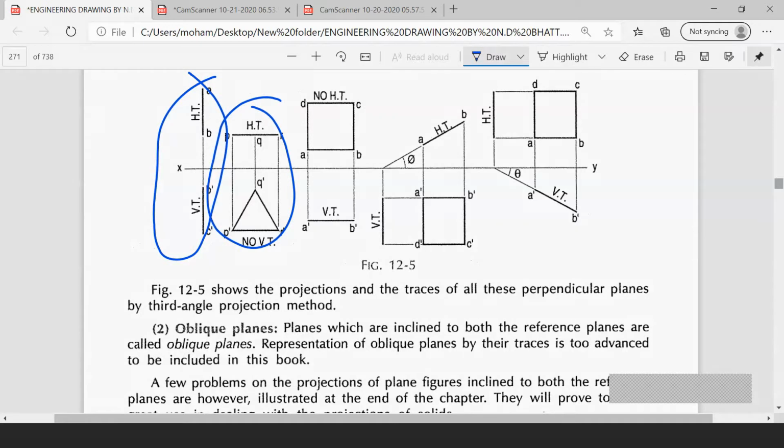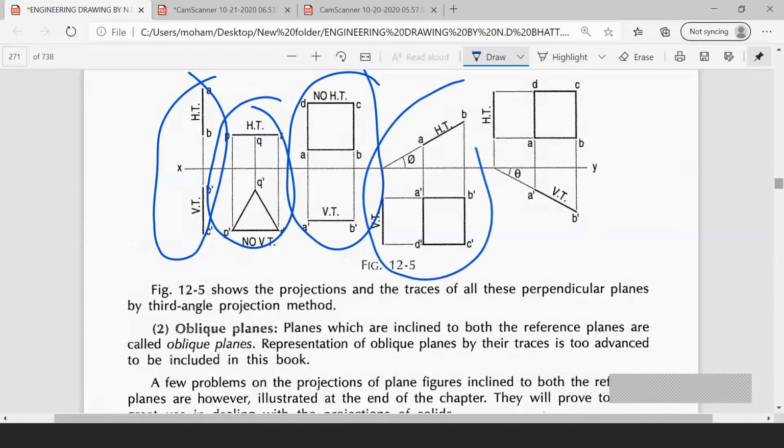When it is parallel to VP and perpendicular to HP, you have it like this. Inclined to HP means the inclination will be seen in the VP. Inclined to VP means we will draw the inclination in HP. It will be like this.